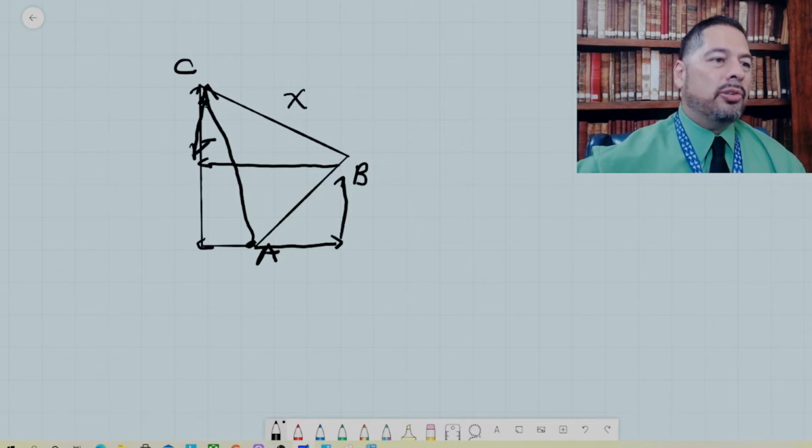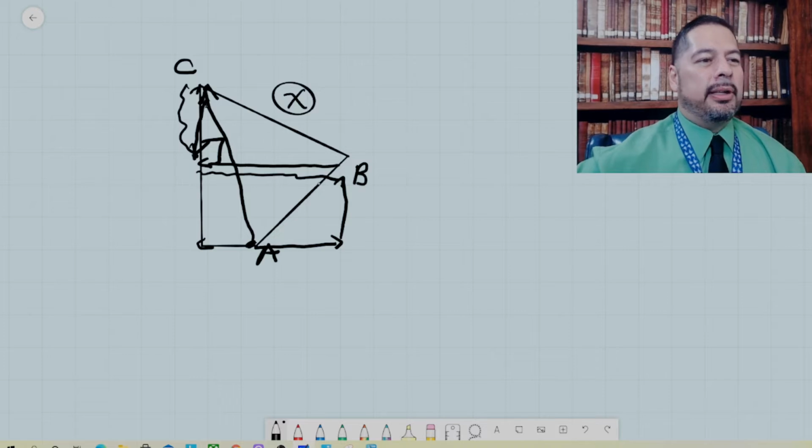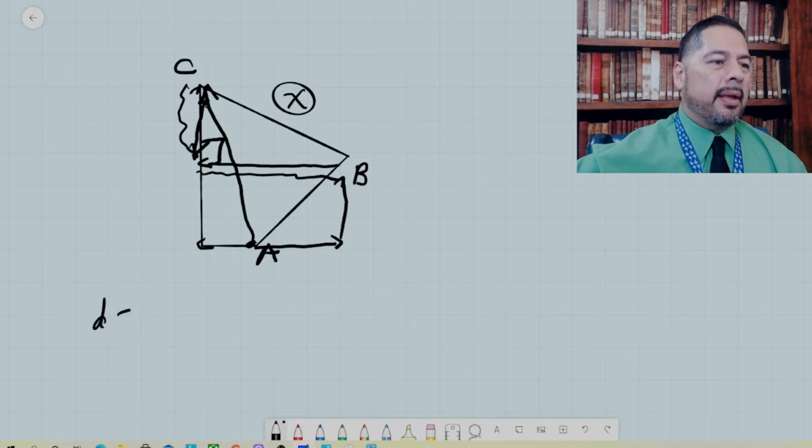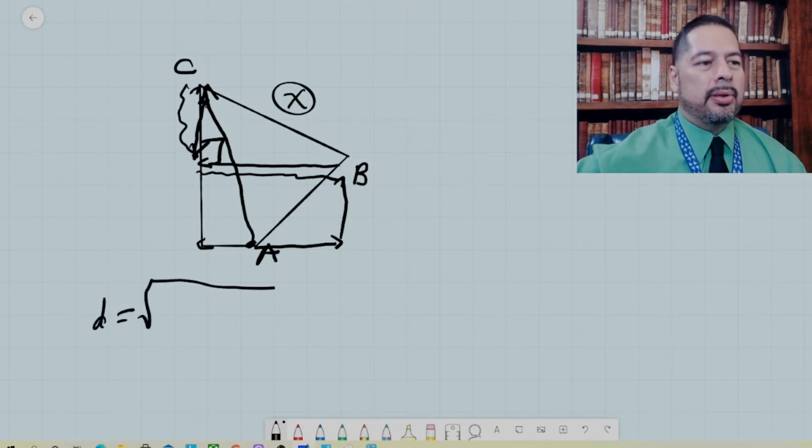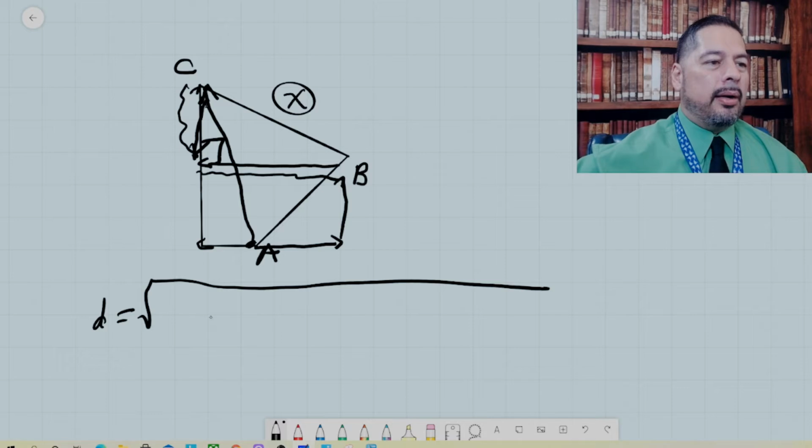So you have a right triangle. By taking the differences, you have this side, you have this side, and by applying the Pythagorean theorem, you can get the length of the distance from B to C. So the distance would be then the square root of r sub 1 cosine theta sub 1.